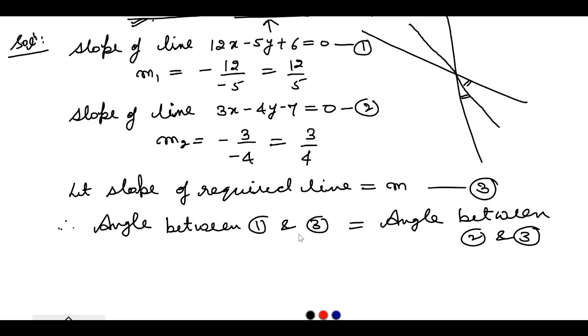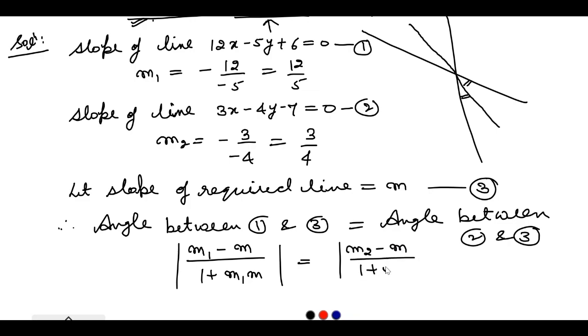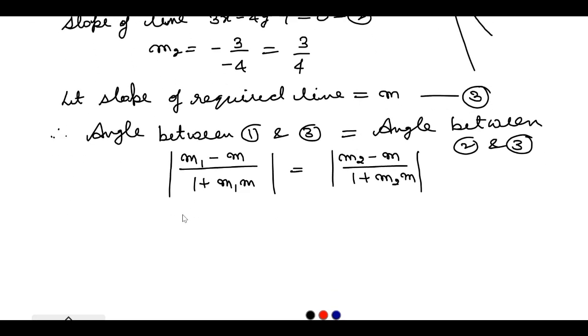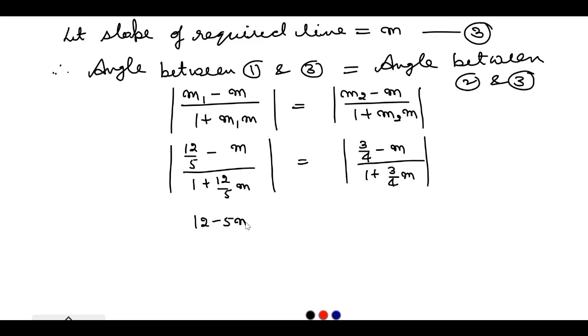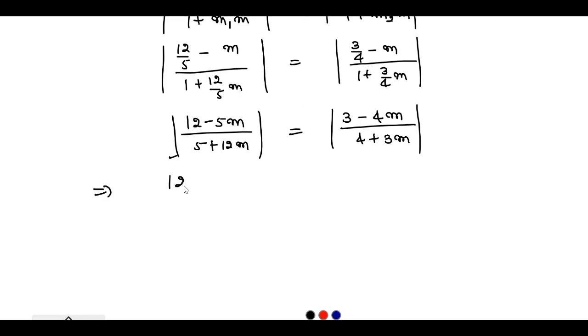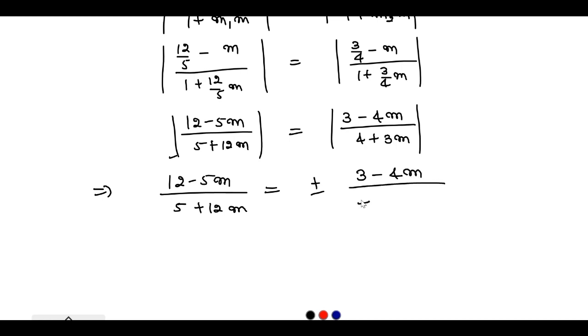And the angle between 1 and 3 will be M1 minus M upon 1 plus M1M, and this is M2 minus M upon 1 plus M2M. Now put the values. M1 is 12 by 5. This is equal to plus minus (3 minus 4M) divided by this.